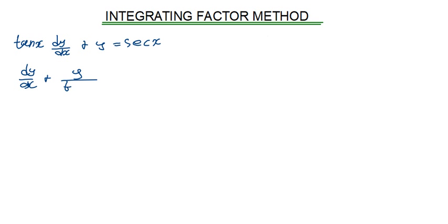Okay, so now let's look at the last example. We say tan x dy/dx plus y equals sec x. Once again I'm going to multiply by 1 over tan x, which is just going to give me dy/dx plus y over tan x.